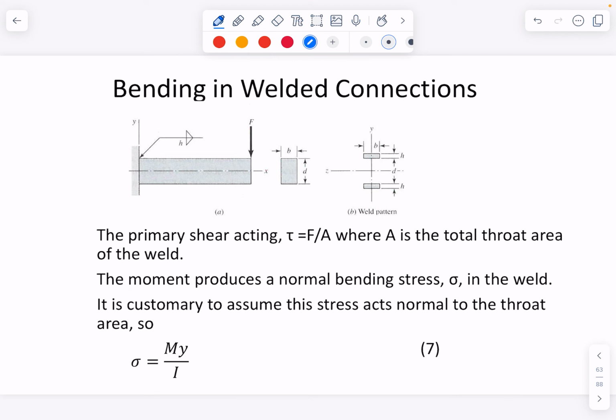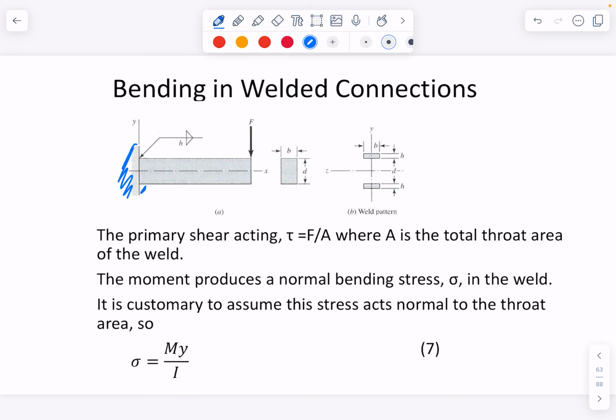The next thing to consider is bending in welded connections. As I say, it's almost impossible to get a pure shear case. It's almost impossible to get a pure torsion case. There's always going to be some combination of loads, and bending is just another one of those. So again, we've got a piece of bar B by D welded onto something big and solid over here.